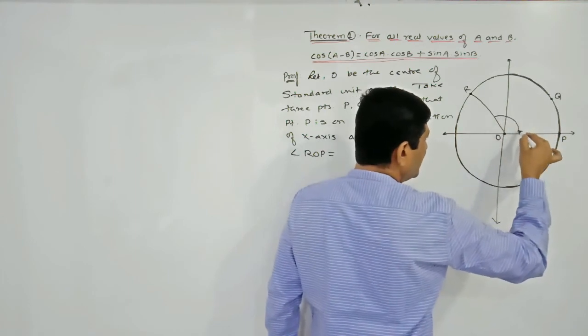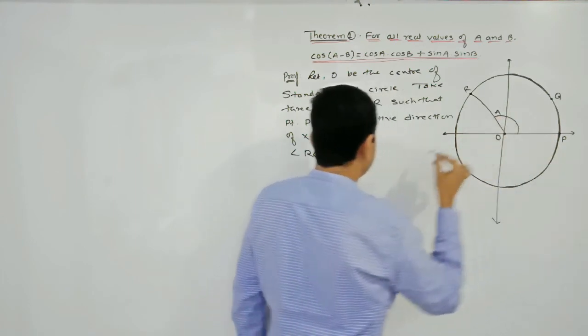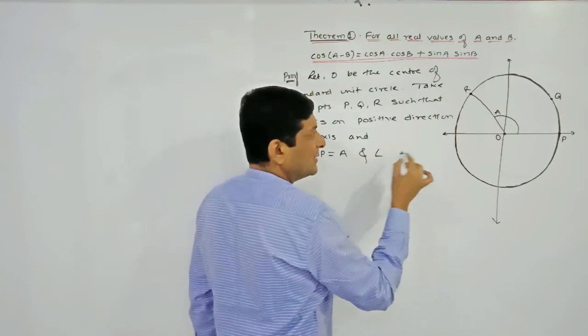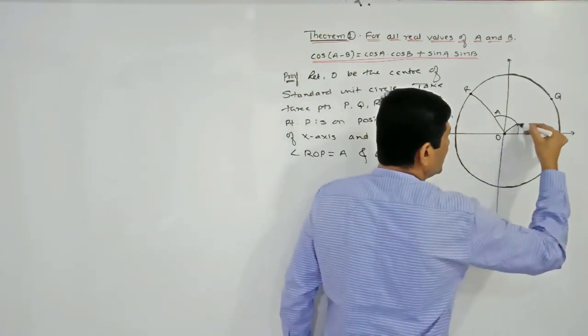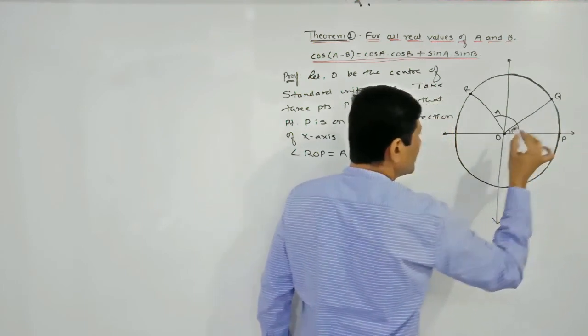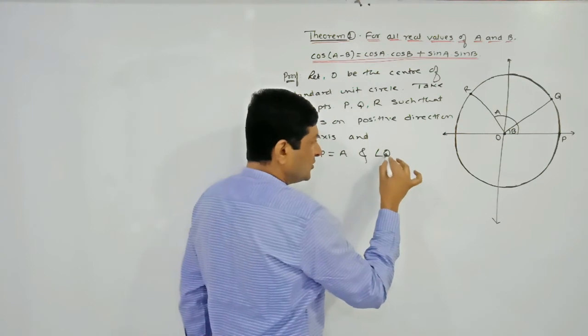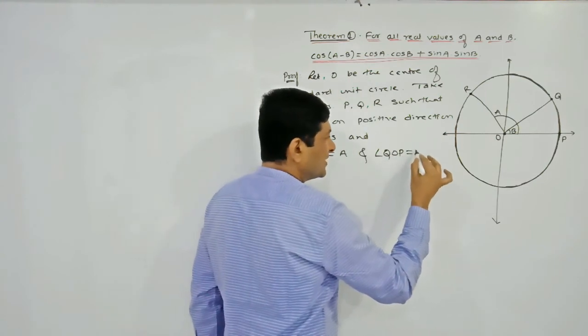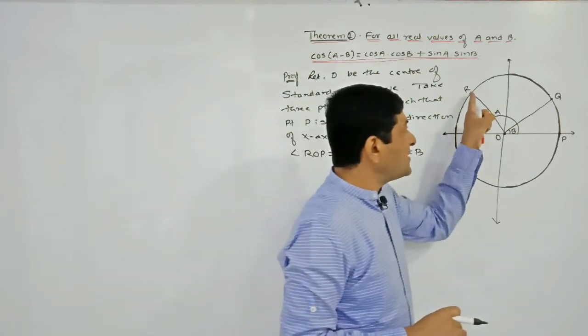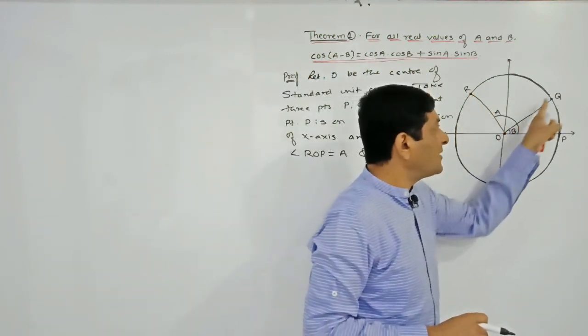This whole angle is denoted by capital A. Angle ROP is equal to A, and angle QOP will be equal to B. Denote this angle by B. Now if you observe this figure very carefully, we are trying to find the measure of angle ROQ.